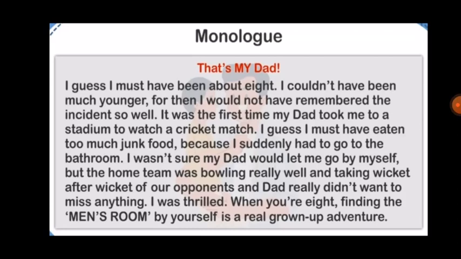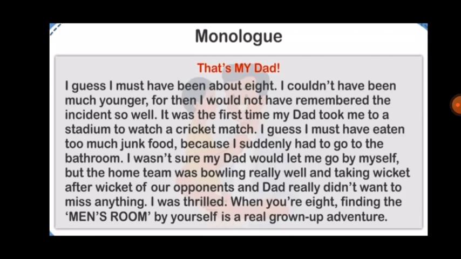Since you are recollecting the incident, describe your age and the incident in detail. So in the first paragraph, we'll describe the incident. Okay, we'll read it. I guess I must have been about 8.